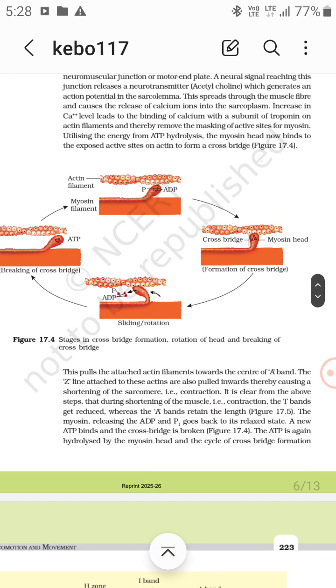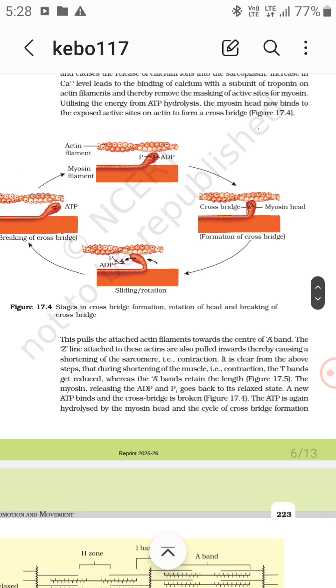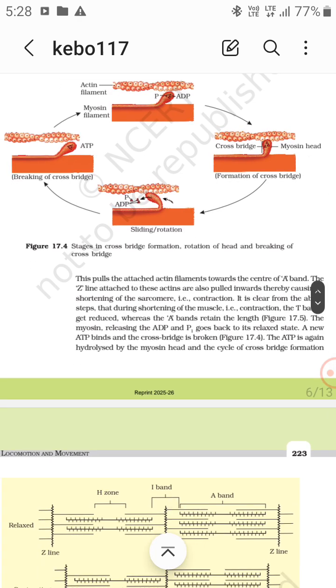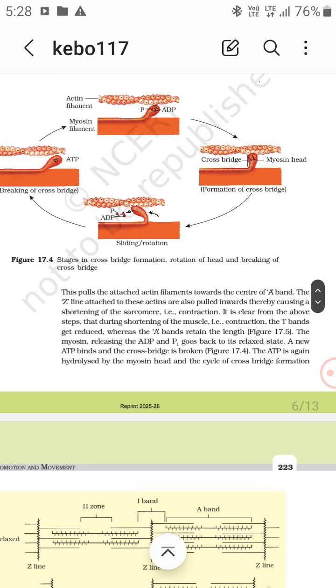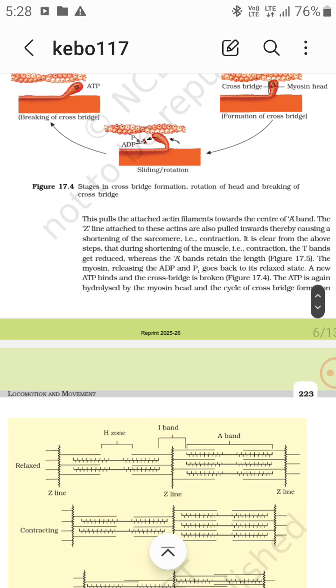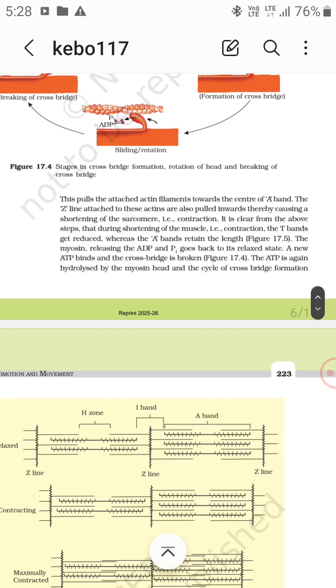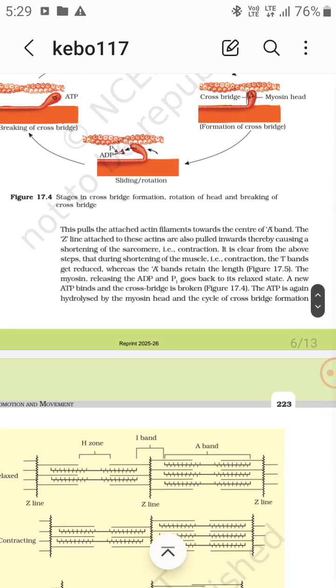So this is the formation of the cross bridge. Now this pulls the attached actin filaments towards the center of the A band. The Z line attached to these actins is also pulled inwards, thereby causing a shortening of the sarcomere, that is contraction.